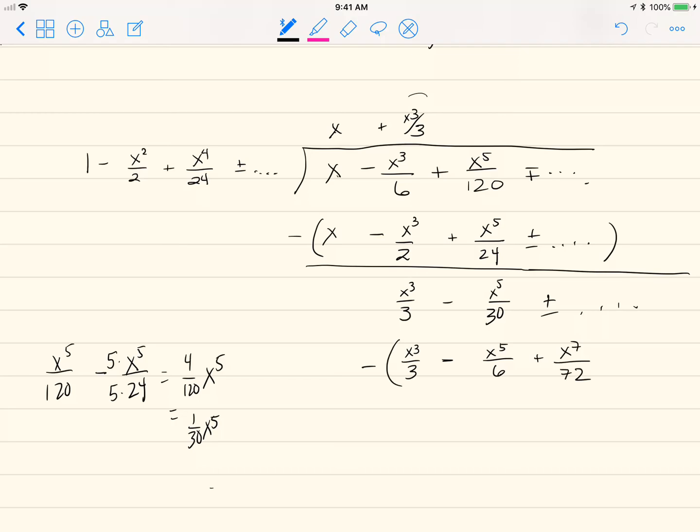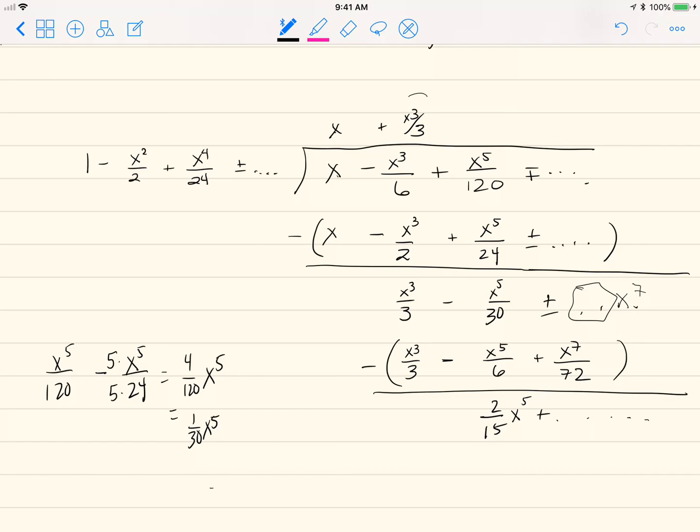Now I'll get 0, and I won't belabor the point, 2 over 15. Because I don't know what term this would have been, I can't do anything else. I have to stop at 2/15 x to the 5th.